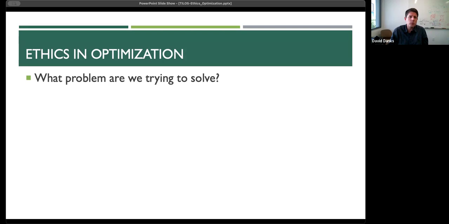So just take the simplest one. What problem are we trying to solve? That's an ethical question. The decision to try to solve problem A rather than problem B is an ethical decision. It is me realizing or prioritizing certain values that say this problem is worth solving. Now, in some cases, it's so obvious that the problem is worth solving that we don't even bother to wonder about it.